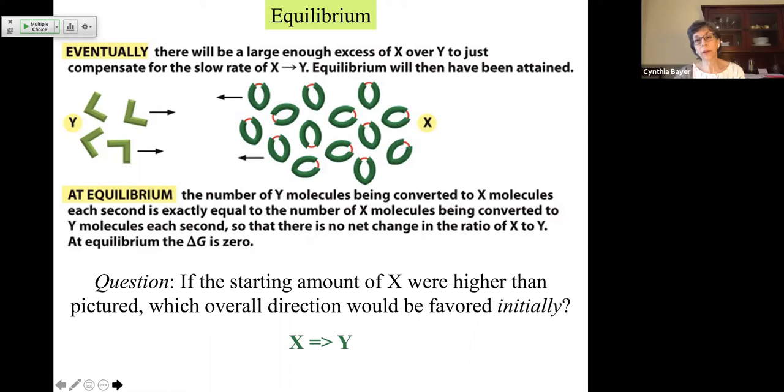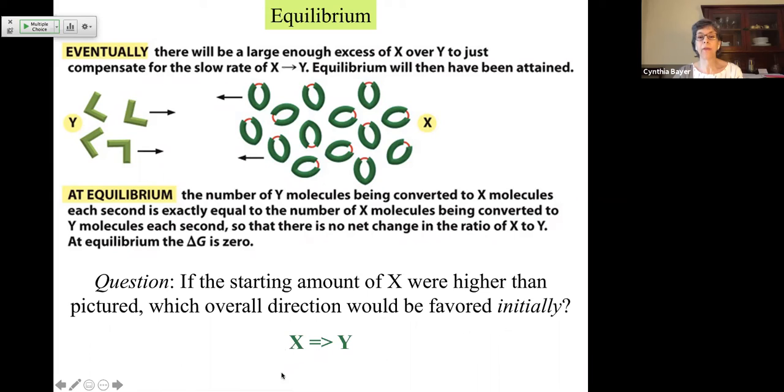So this is reminding us that the favored direction of a reaction is not only due to the difference in free energy of the individual molecules. So if Y is our glycogen, glycogen has more chemical energy in its bonds than X does.